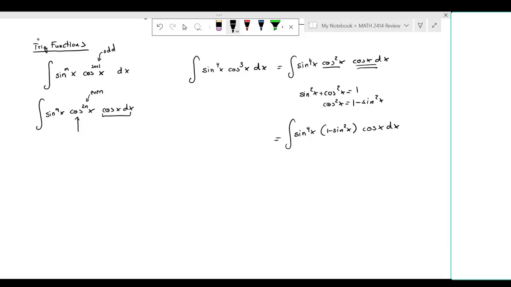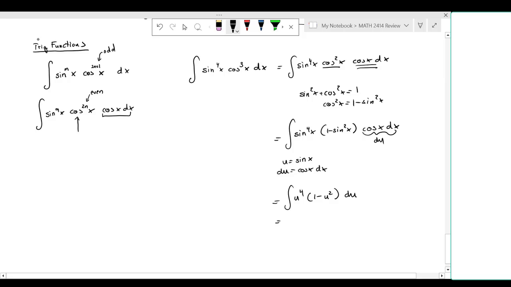And this suggests a very natural substitution. We choose u to be the sine because the derivative of sine is cosine. So this will become u to the 4, 1 minus u squared, and this, of course, is just du. So you just end up with integrating a polynomial.